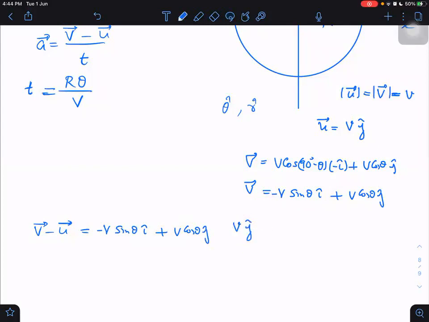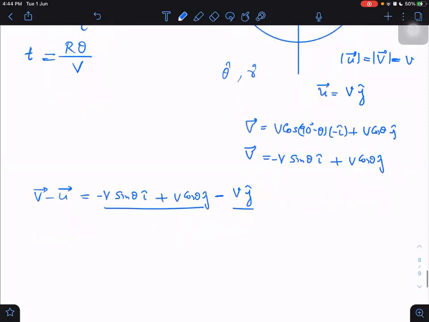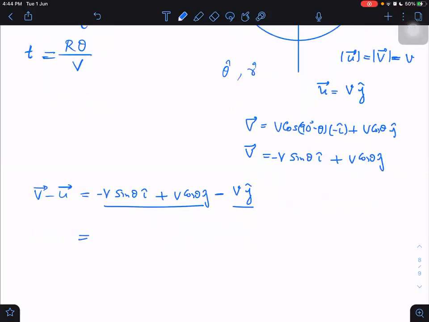Then the difference is minus of u I have to take. This whole thing is one vector, this is another vector. Now I can write minus v sin theta i cap plus v cos theta minus v j cap.